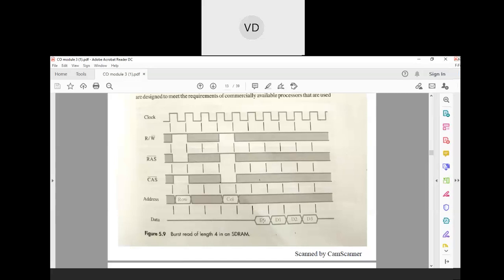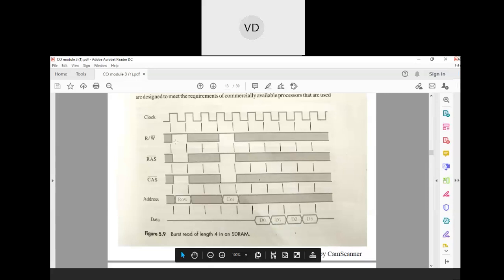So the first word begins at 5000, the second at 5004. Simply by incrementing the address, the next data bytes will be sequentially kept on the data lines without any delay.